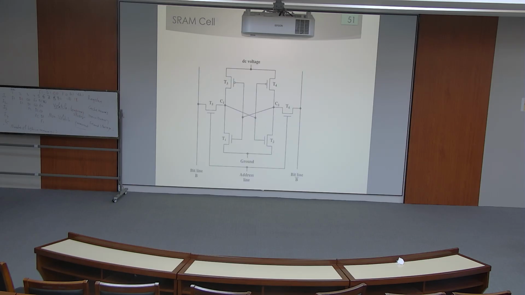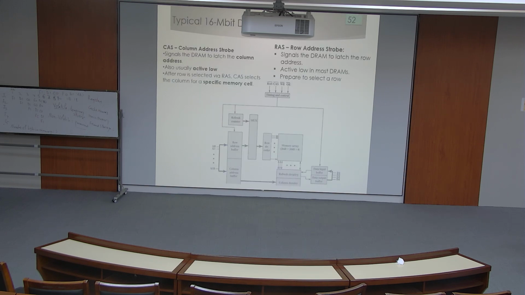Whereas for the SRAM, it does include 6 transistors to store data in a logic form configuration. It doesn't need to be refreshed to retain data. So we have the left inverter made by T1 and T3. We have the right inverter, which consists of T2 and T4.